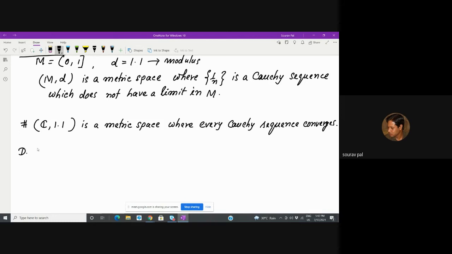Okay, the metric spaces where this happens are called complete metric spaces. So I'm just writing down the definition.